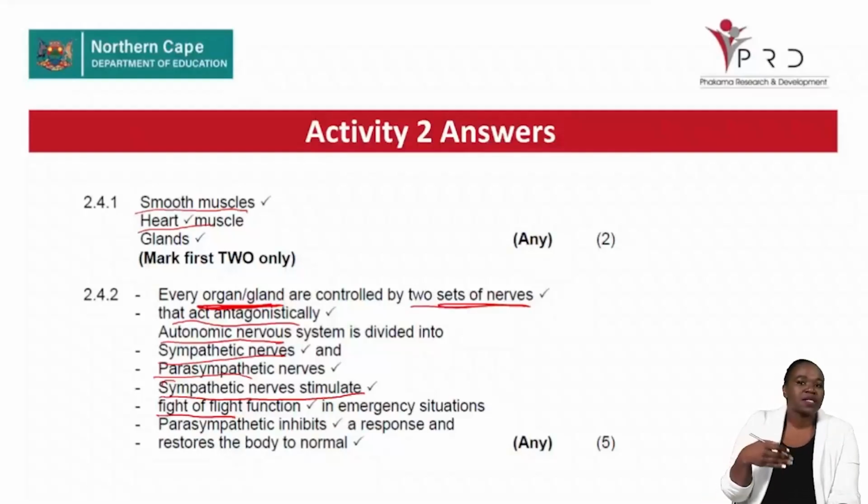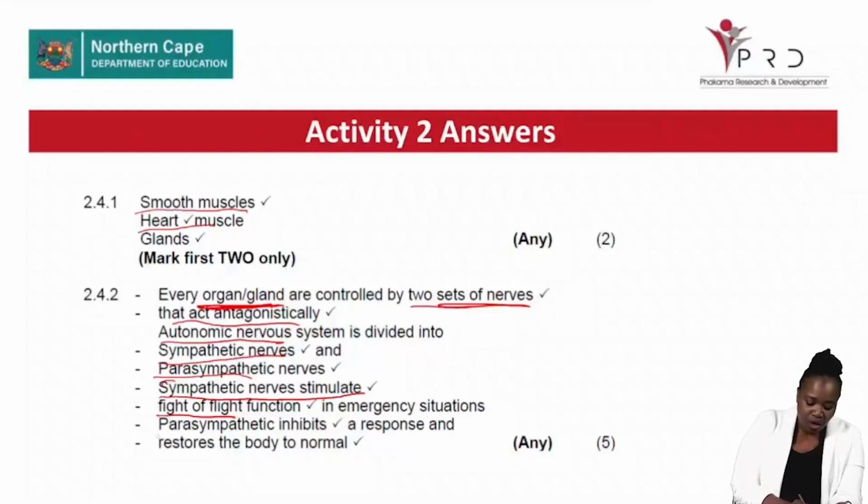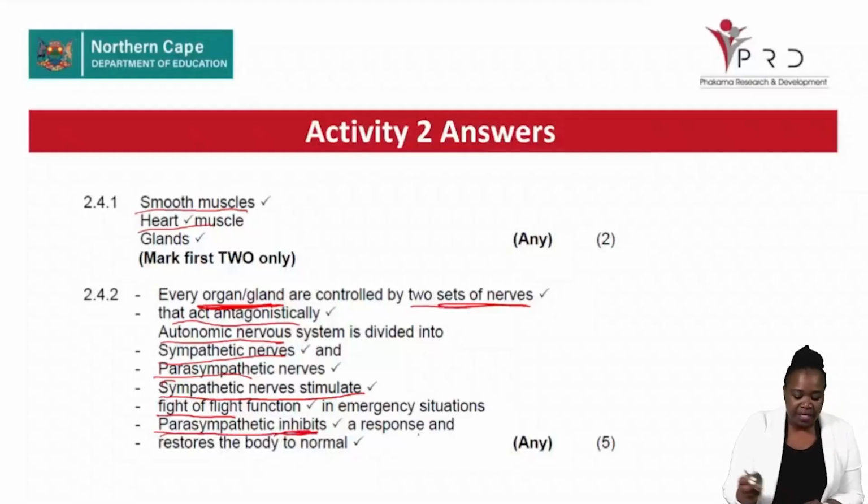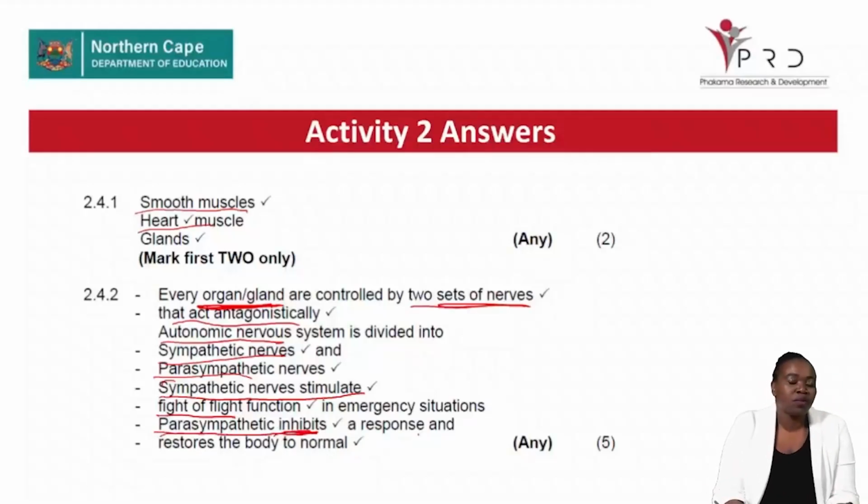The parasympathetic would set in after all of that has passed, after you have submitted your homework. Now you can relax, so there is no need for the sympathetic. The parasympathetic causes that relaxation. It inhibits a response and restores the body to normal, so the body will be more relaxed, unlike when the sympathetic nervous system is functioning.